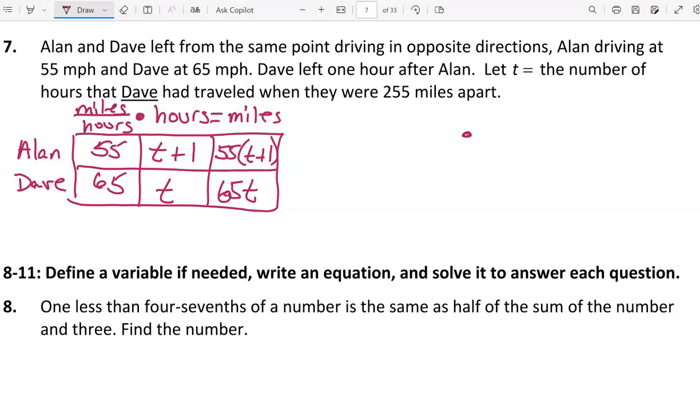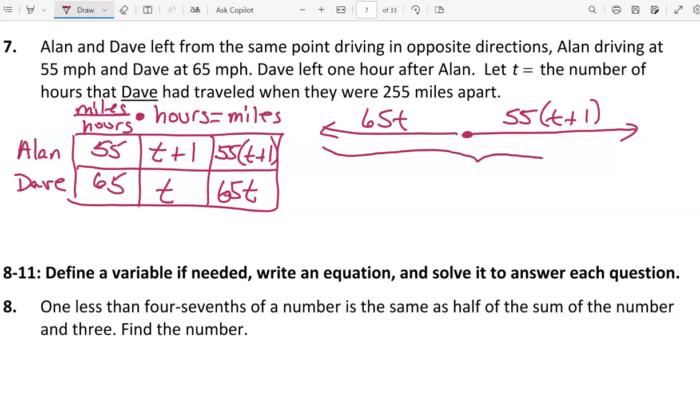And they leave from the same point, traveling in opposite directions. So Alan's distance and Dave's distance, and we are looking for that number of hours, or we're letting t equal the number of hours that have elapsed when they eventually are 255 miles apart. Well, that suggests part plus part is equal to whole.